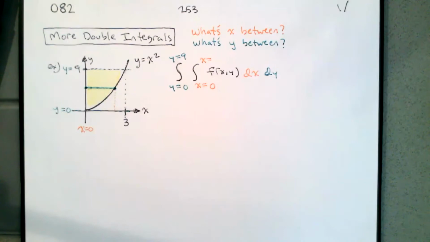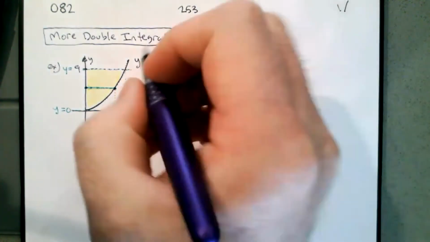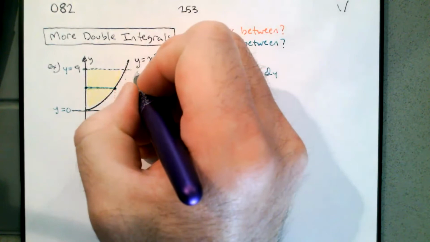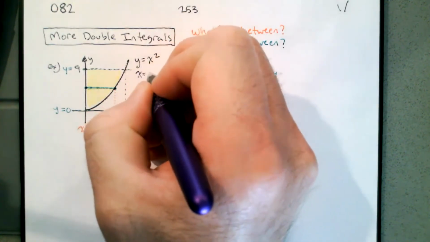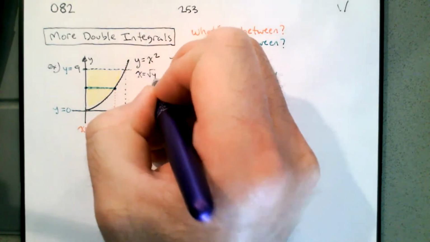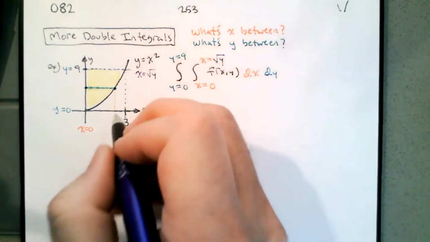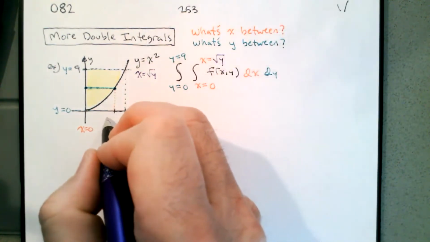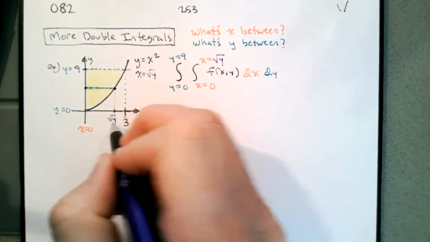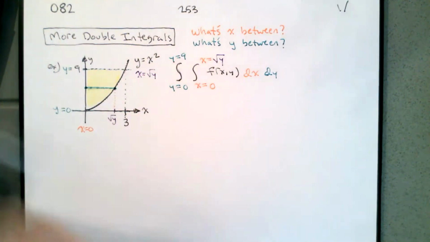We need to know what x is equal to. So if y is equal to x squared, then x is equal to the square root of y. So there's a double integral.